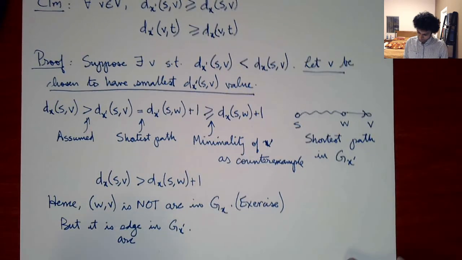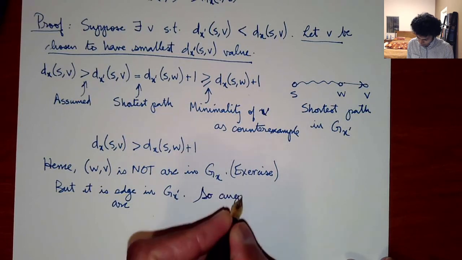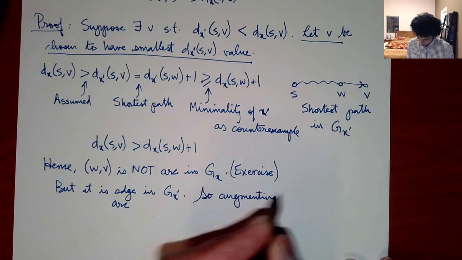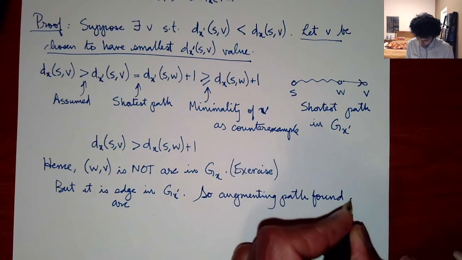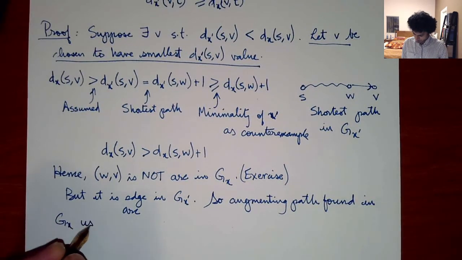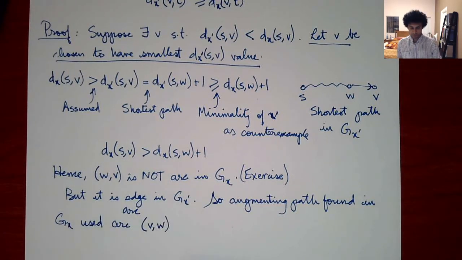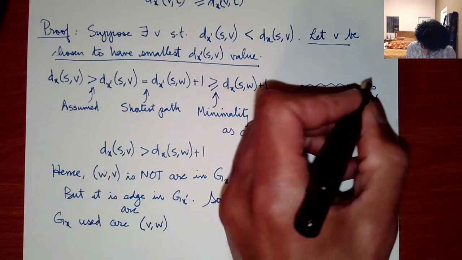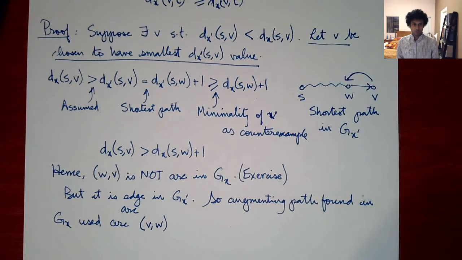Exactly. So this means the augmenting path found in G of x used the arc VW. So this arc was present in G of x, which was the shortest path.